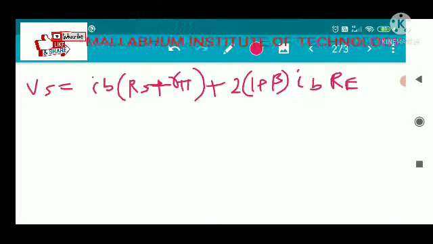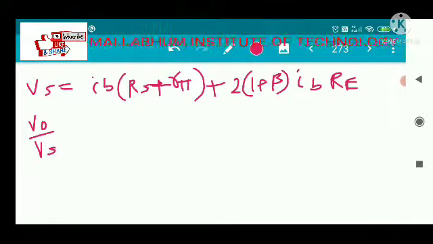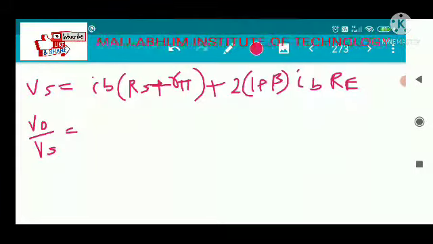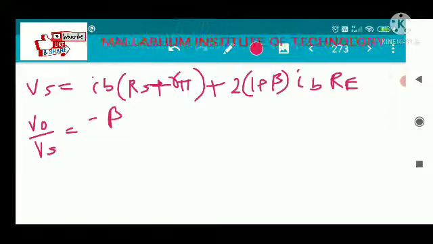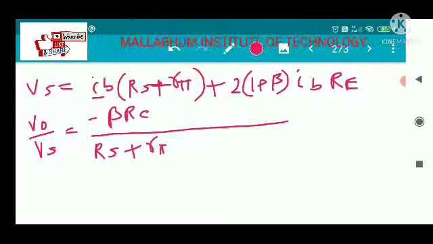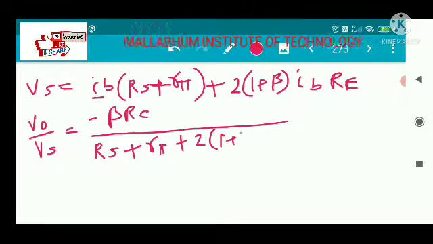So from there we will calculate V0 divided by Vs, this is your common mode gain. V0 divided by Vs is minus beta IB into RC. IB is also there, so that will be cancelled. So it is minus beta RC divided by Rs plus R pi plus 2 into (1 plus beta) into RE. So that is the case.